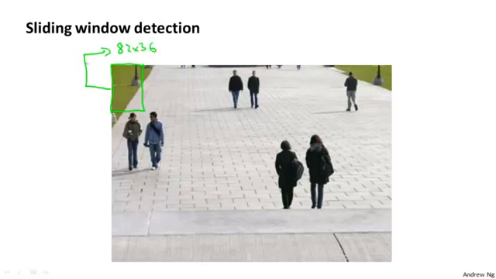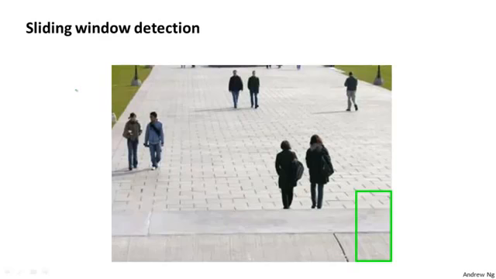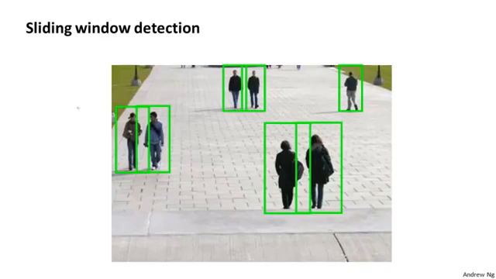So take this larger patch and resize it to be a smaller image, and then this smaller resized image is what you would pass through your classifier to try to decide if there's a pedestrian in that patch. And finally, you could do this at even larger scales and run that sliding window to the end. And after this whole process, hopefully your algorithm will detect what are the pedestrians that appear in this image.